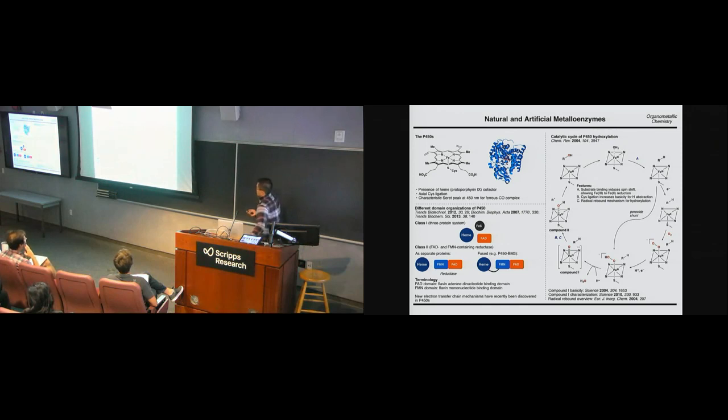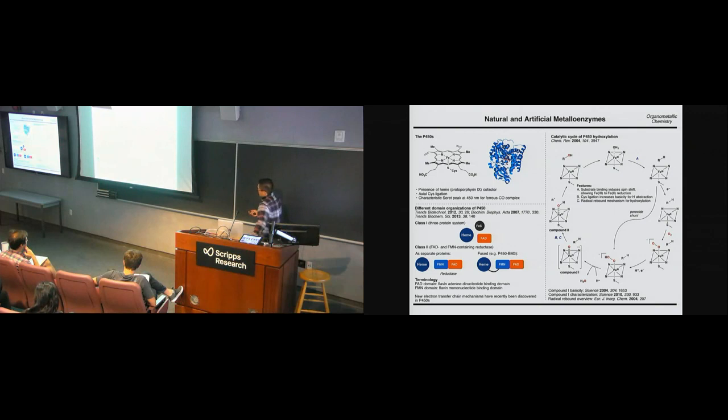And this species can then undergo a protonation that will lead to cleavage of the OO bond, and this is where the thiolate ligand actually also assists in giving a push effect for the cleavage of the OO bond. And this results in the formation of an iron oxo species that has a cation radical character.